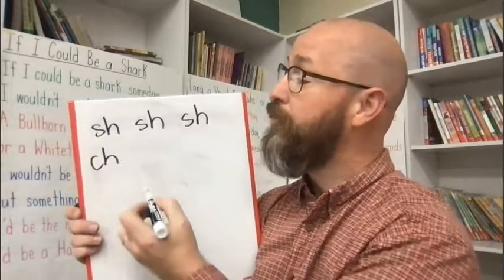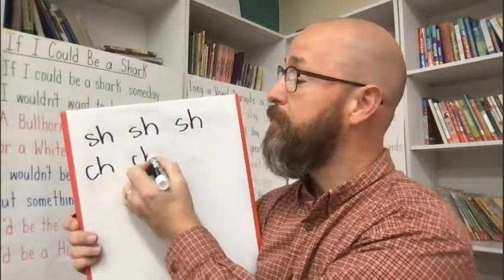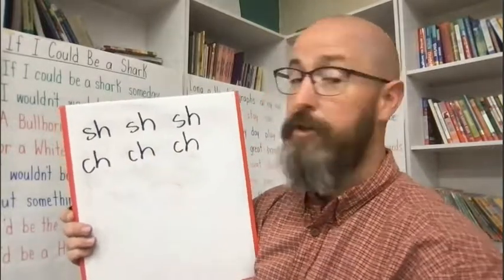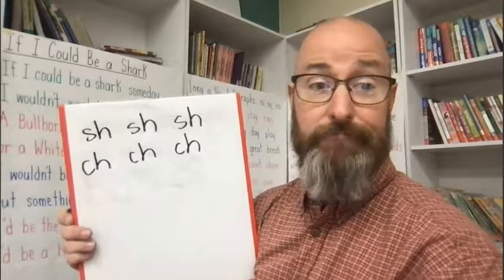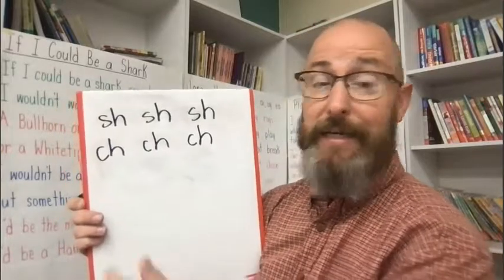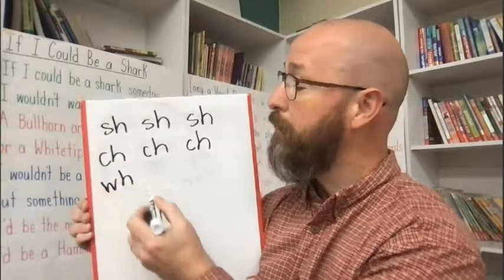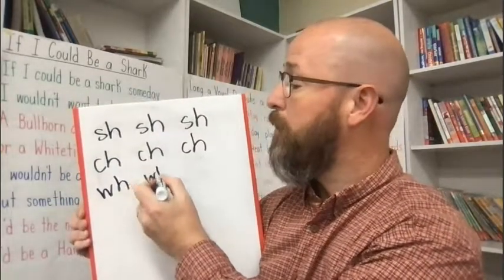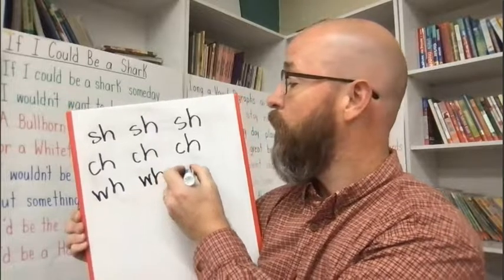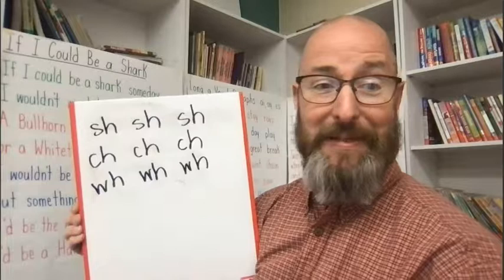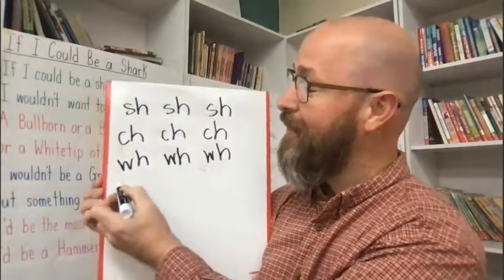Next is CH. CH says ch. Like chocolate. My favorite one. Next is WH. W. What are we going to do next? We're going to do TH.